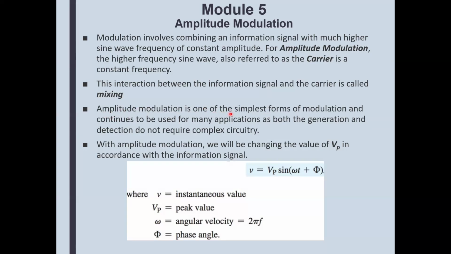Amplitude modulation is one of the simplest forms of modulation, and it continues to be used for many applications, as both the generation and the detection, or demodulation, do not require complex circuitry. Well, there's a give and take. You pay for that simplicity with quality.